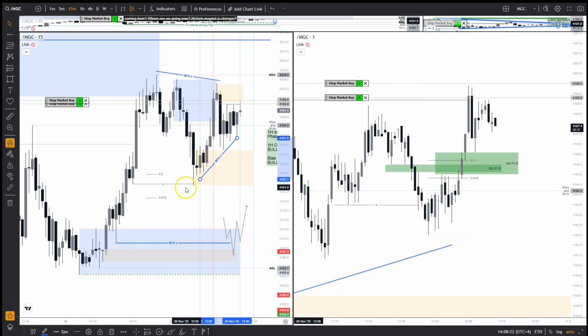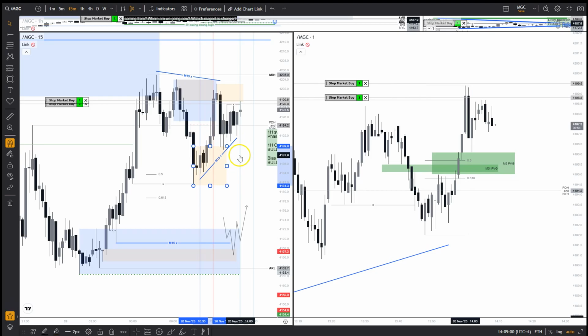This liquidity was swept, and after sweeping this liquidity, we see strong reaction. It has reacted in this supply, and we have another bearish reaction from there. Then we can say that we have mitigated the demand, and now we are pushing higher.